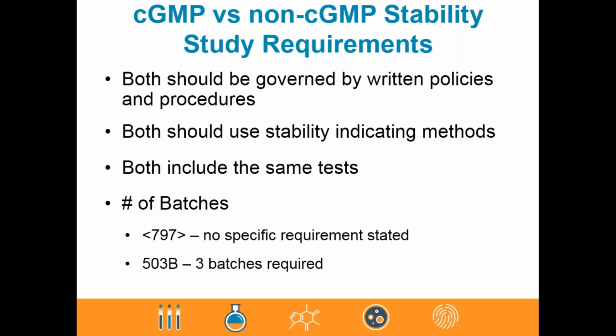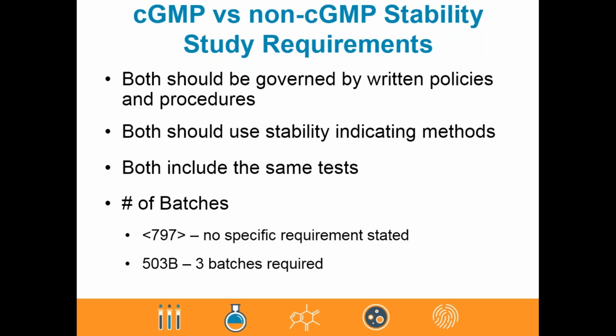Just to summarize here, 503A versus 503B stability requirements. Both of them should be governed by written policies and procedures. So document how you're going to do it, document why you determined your stability or how you determined your BUD. Both should use stability indicating methods. Both should have the same studies during the test.